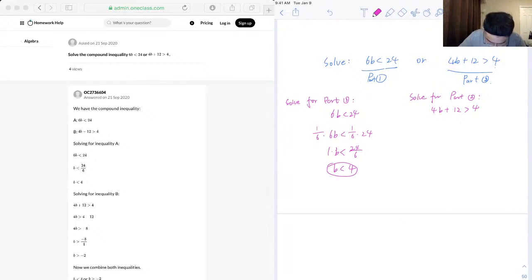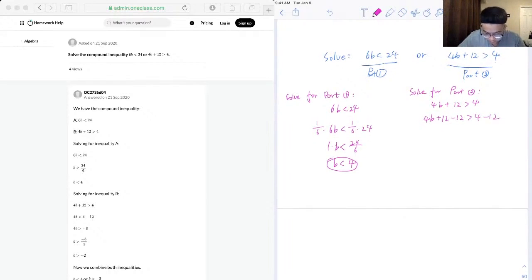So in order to do this, we will minus 12 on each side. 4 minus 12, and plus 12 minus 12 just becomes 0. So we only got 4b on the left-hand side, which is greater than 4 minus 12, which is negative 8.